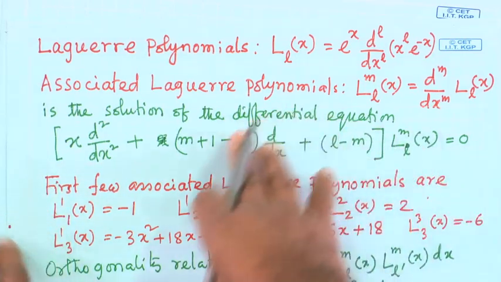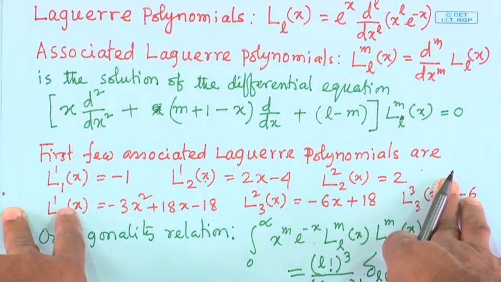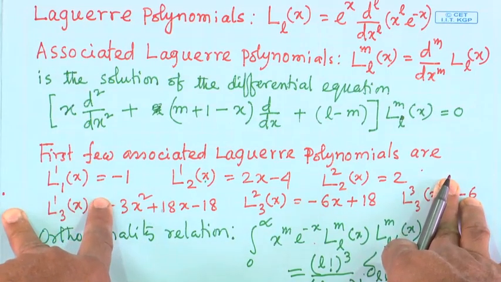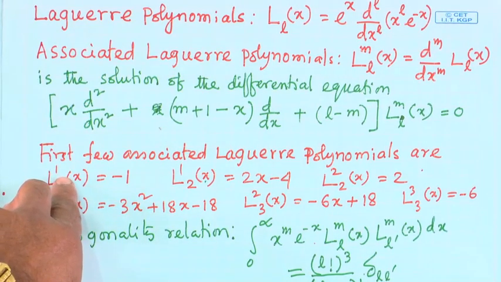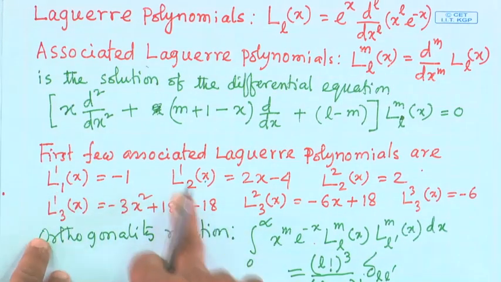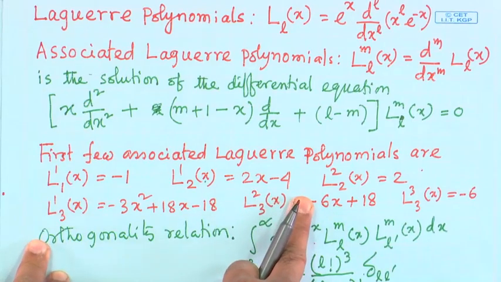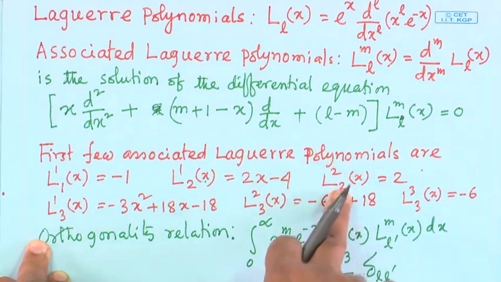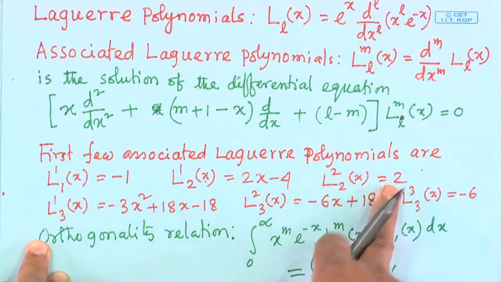The first few associated Laguerre polynomials are available and we can get them from the table. Like L equal to 1 and M L equal to 1, that is equal to minus 1; L 2 1 is 2x minus 4. Similarly L 2 2 means L equal to 2 and M equal to 2, and in this case it is 2.